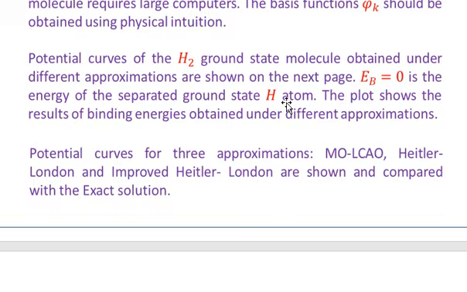That is, at a large value of R, the H2 molecule splits into individual hydrogen atoms and the binding energy is 0. The plot shows the results of the binding energies obtained under different approximations. Potential curves of the three approximations, molecular orbital LCAO, Heitler and London, and improved Heitler and London curves are shown and compared with the exact solutions.